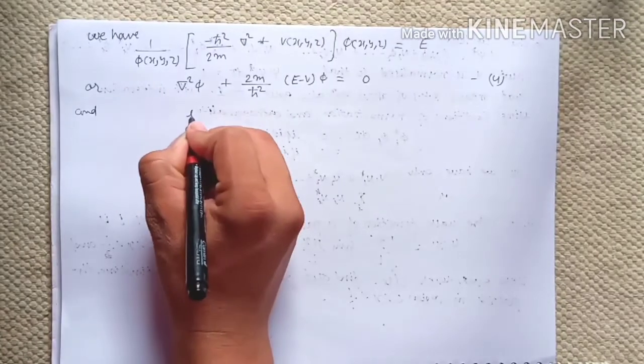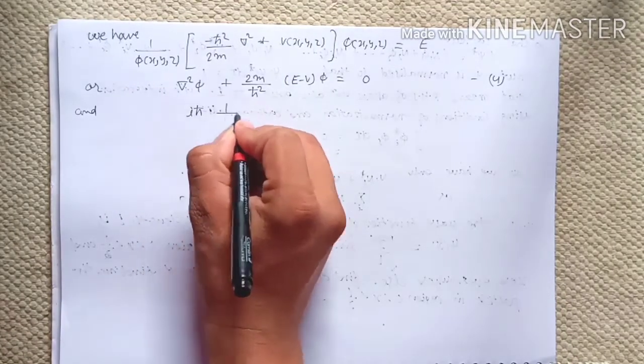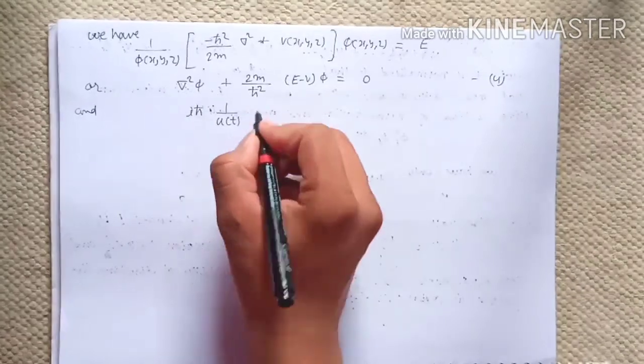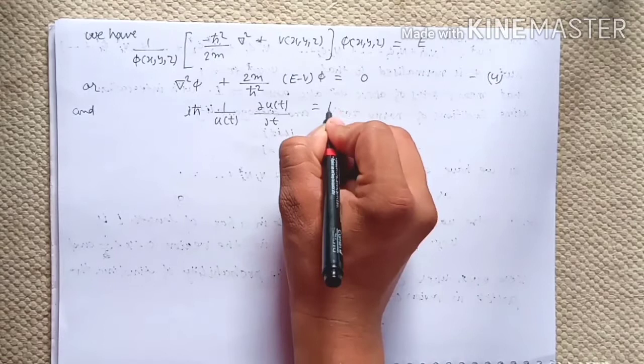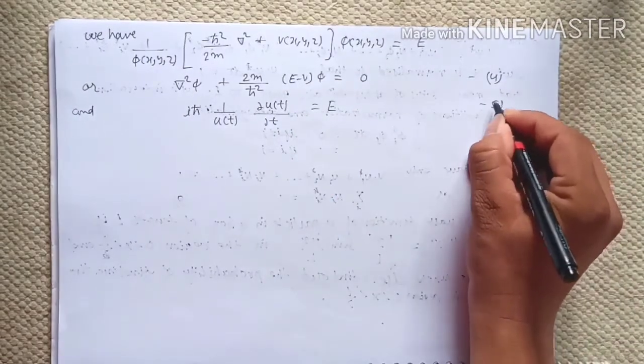And iota h cut 1 upon u t del u t over del t is equal to E. Equation 5.